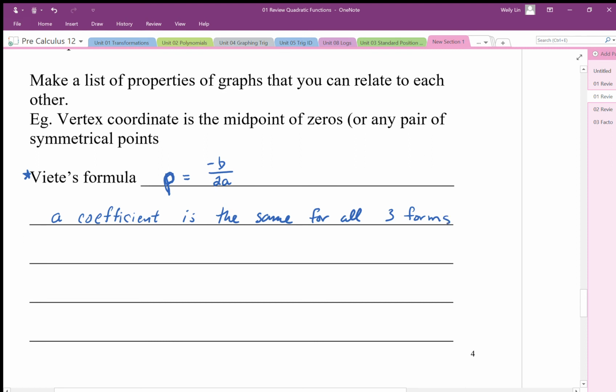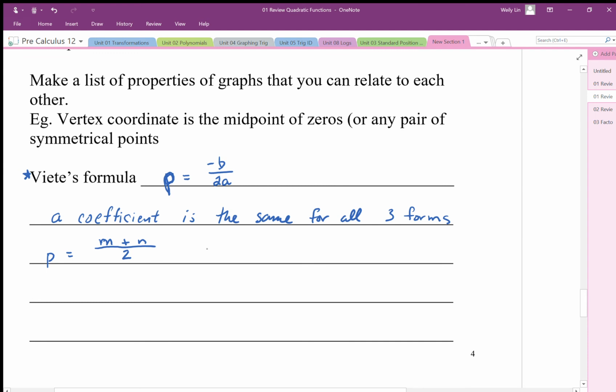Okay. Another way, and again, really the big key is the middle coordinate, and we can maybe even come up with another one here. The middle coordinate, based on the root form or the factored form, we know that the middle coordinate is going to be halfway between the two zeros. Okay, and so if we take the zeros m and n and divide by 2, we can get the middle that way.